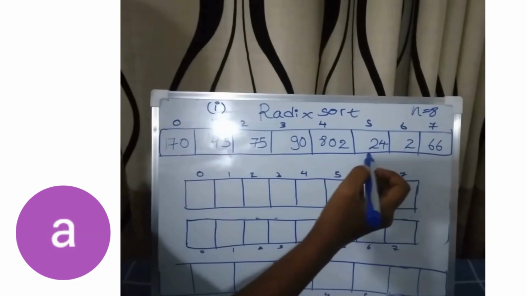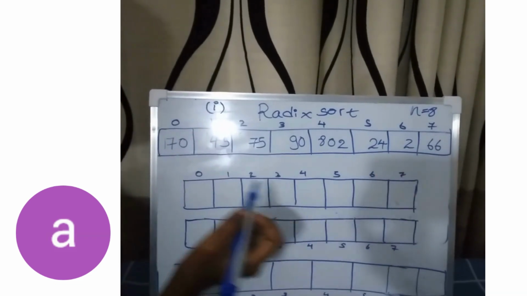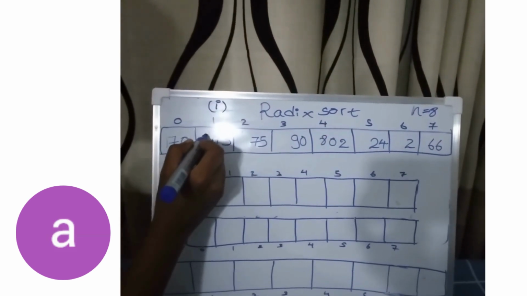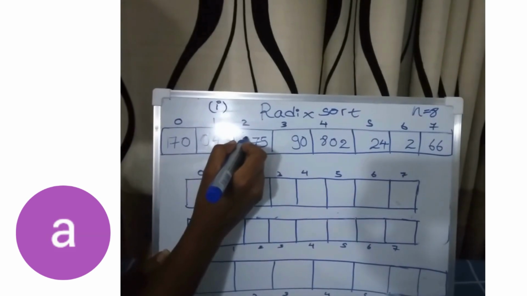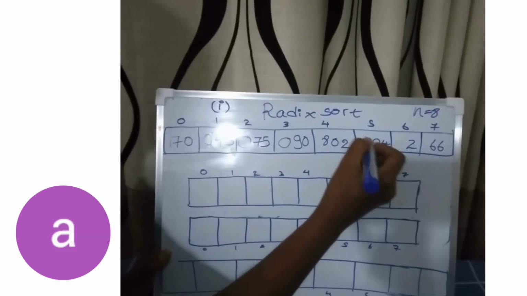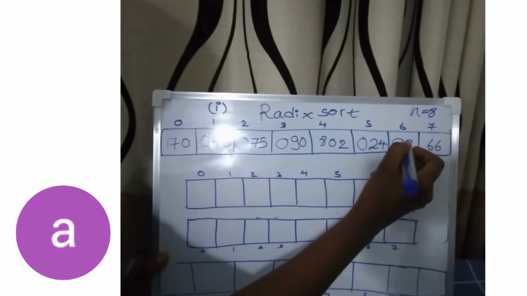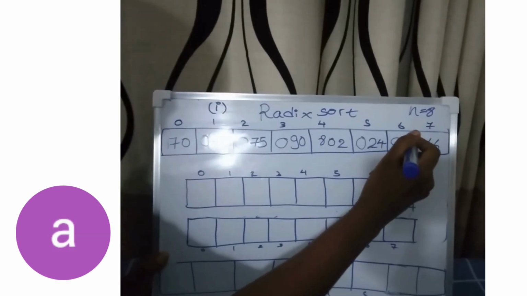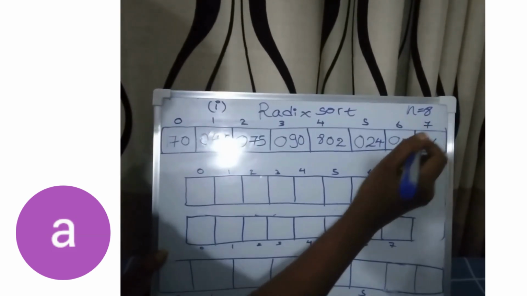So we are getting 8 numbers and the last index is equal to 7, and we have 8 elements. Before we sort, we have to put all the numbers in equal digits because the most significant number has 3 digits.